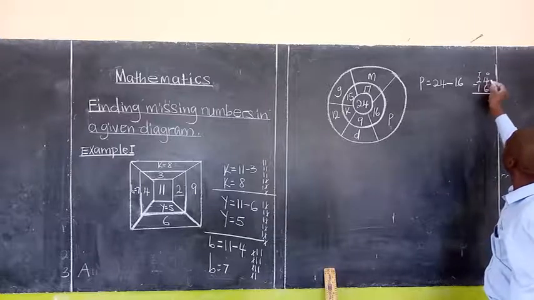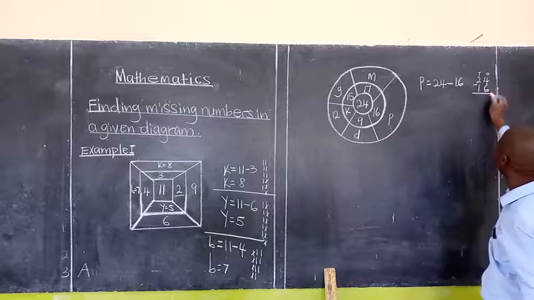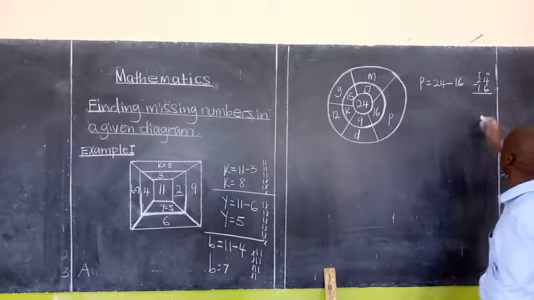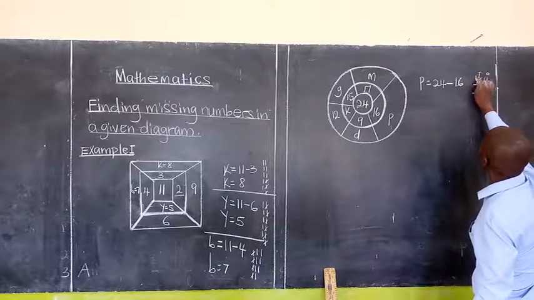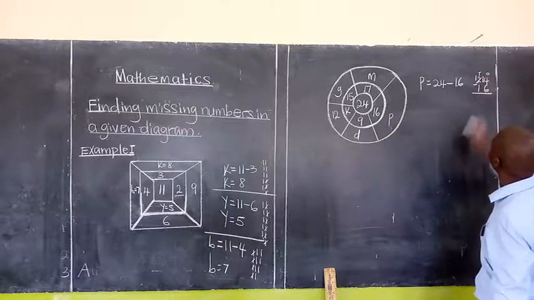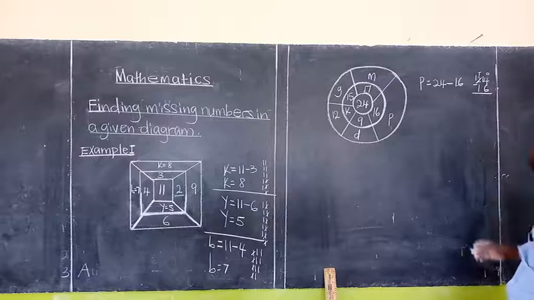So this is 4 take away 6. 4 take away 6 is inconvenient, so we need to borrow one from here. Here we have 1, we shall remain with 1, and the one that we have borrowed, this one will become 14.